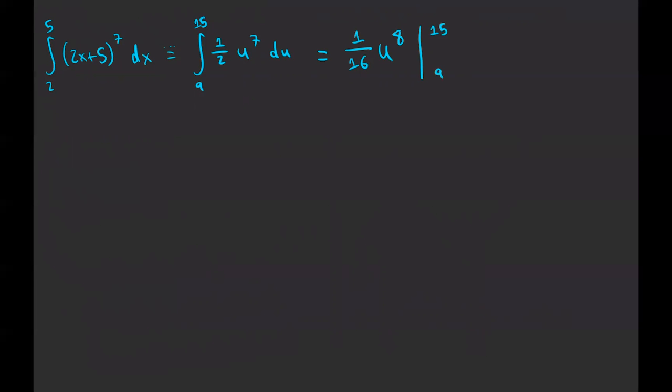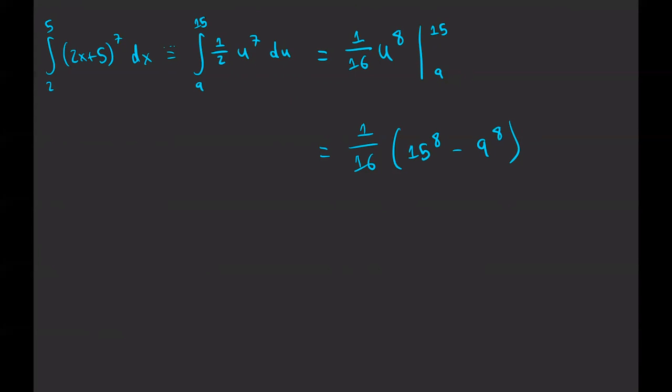This is a point where I like writing U equals right in here, but you don't have to, since we understand these are U endpoints. I'm going to keep that 1/16 factored out because we know it will be distributed to both, and that's totally fine.